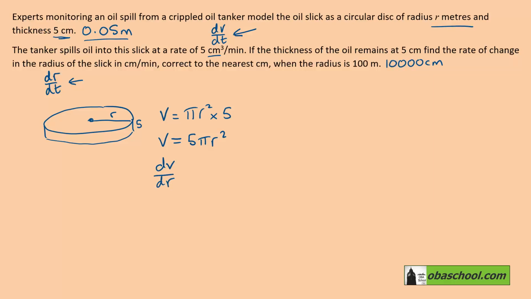dV/dr is then going to be 10 pi r. We want dr/dt. Making a chain for that, that's dr/dV times dV/dt.